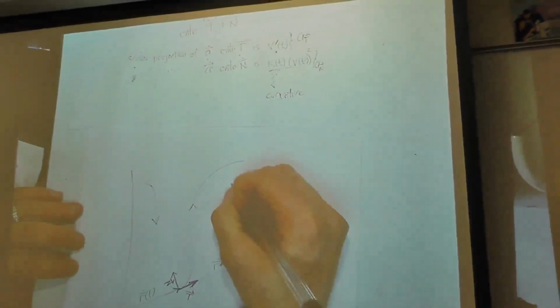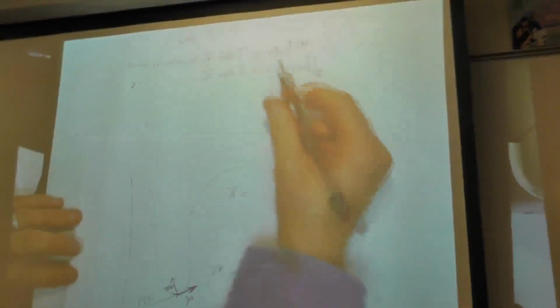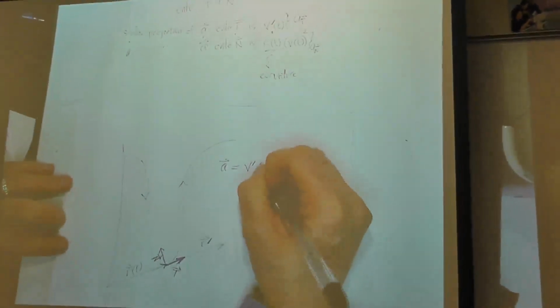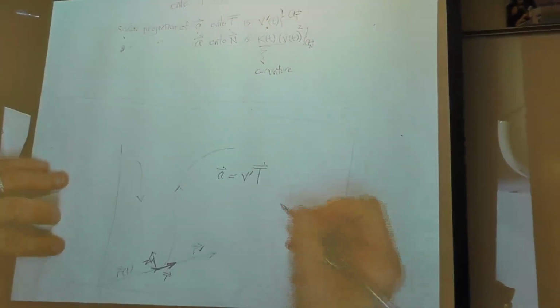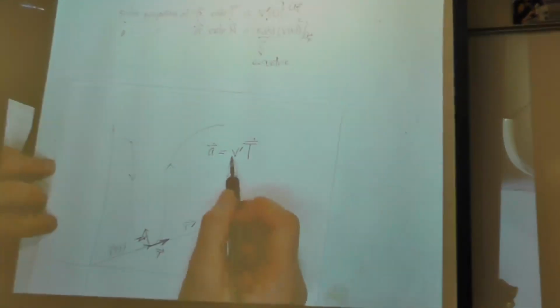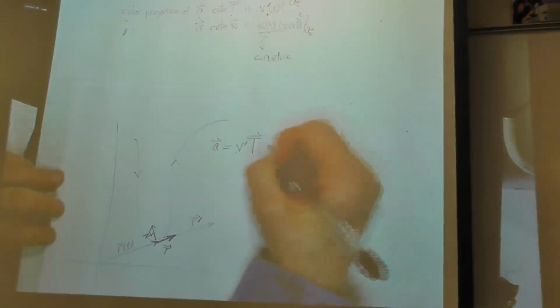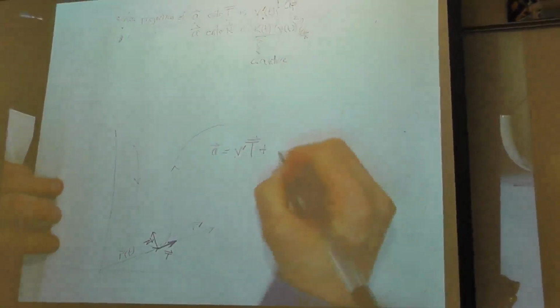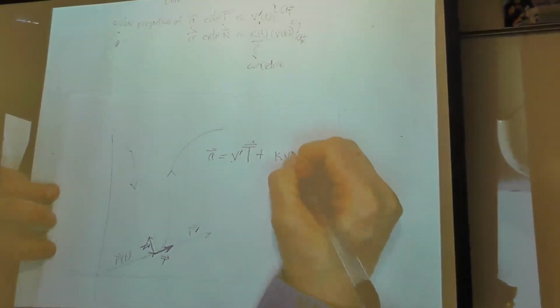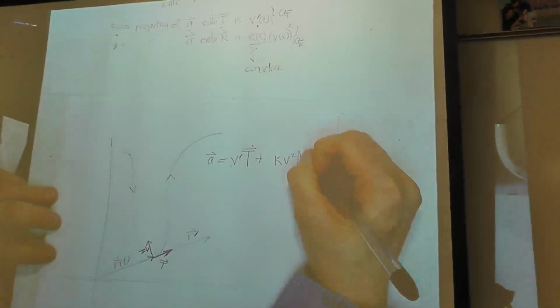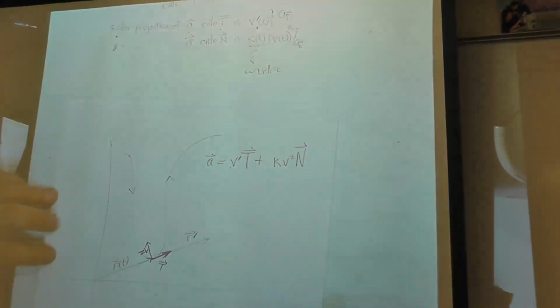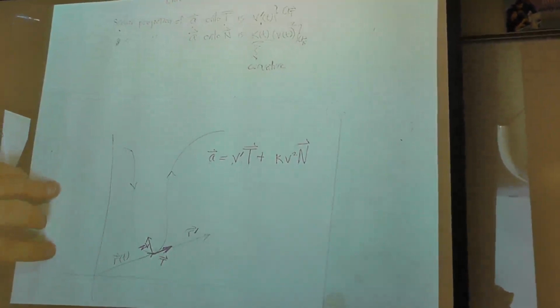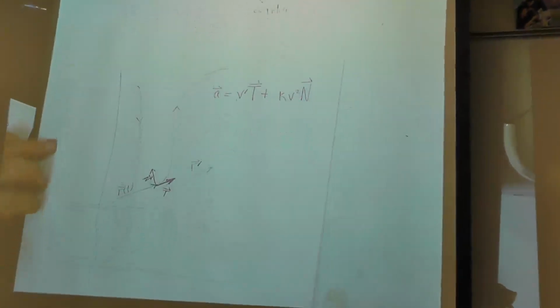You look at the formula for acceleration. Acceleration is v prime times the vector T, so that's the projection in the T direction, plus k v squared in the normal direction. Okay.